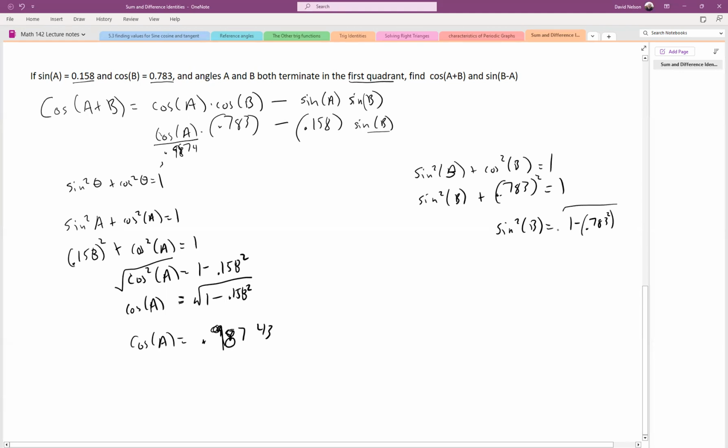Then if I take the square root to get the sine by itself, again, because B is in the first quadrant, I don't have to worry about the plus or minus.